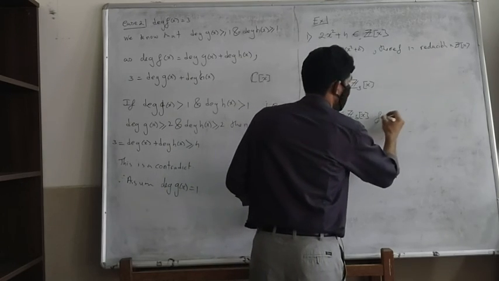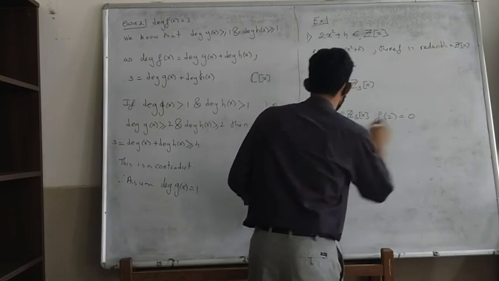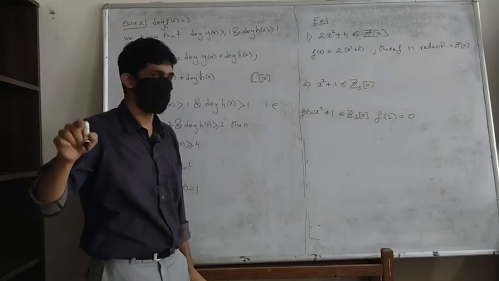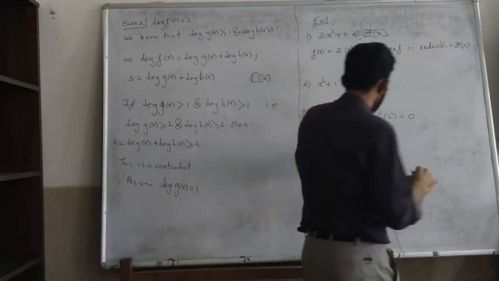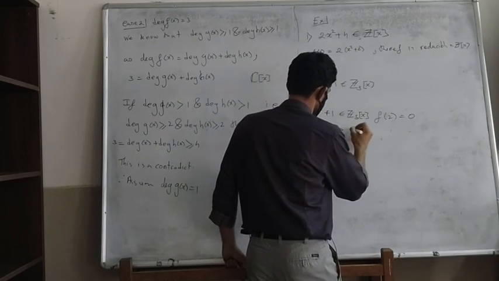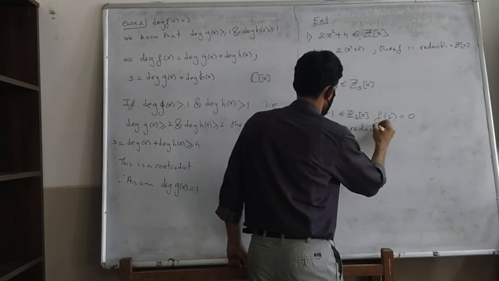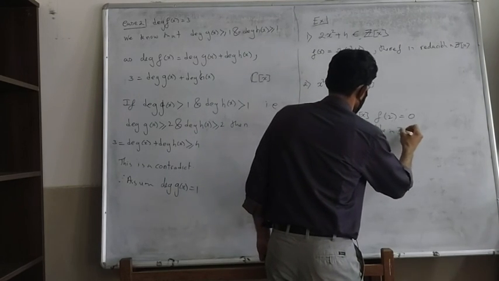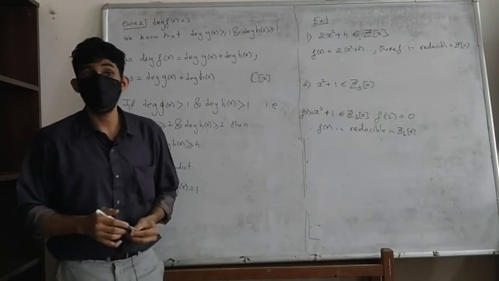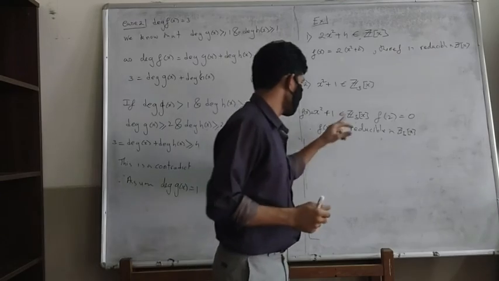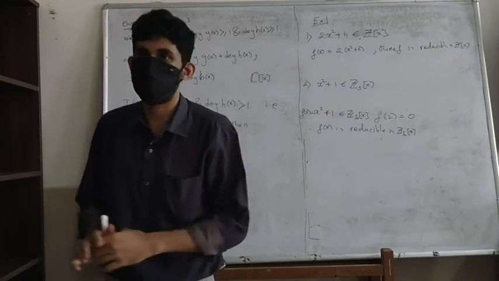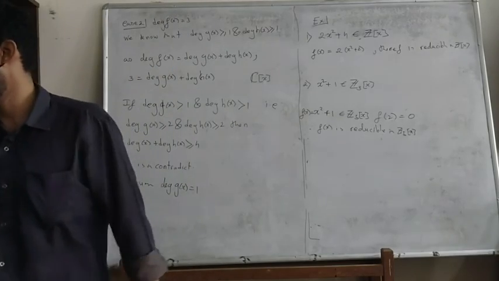You can see that f of 2 is 0 because 2 square is 4, 4 plus 1 is 5, which modulo 5 is 0. So f of x is reducible in Z5[x]. So it depends on which field Zn you are looking at, the reducibility and irreducibility. Okay, so we'll stop here.